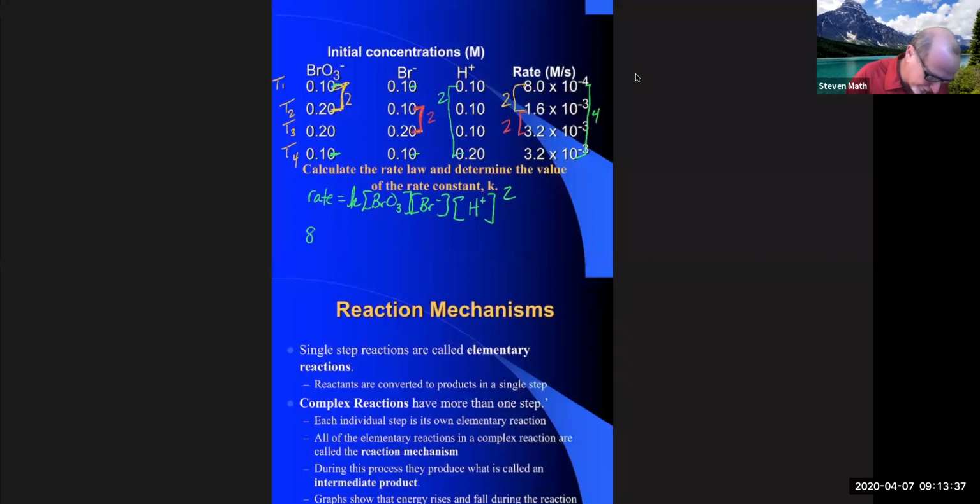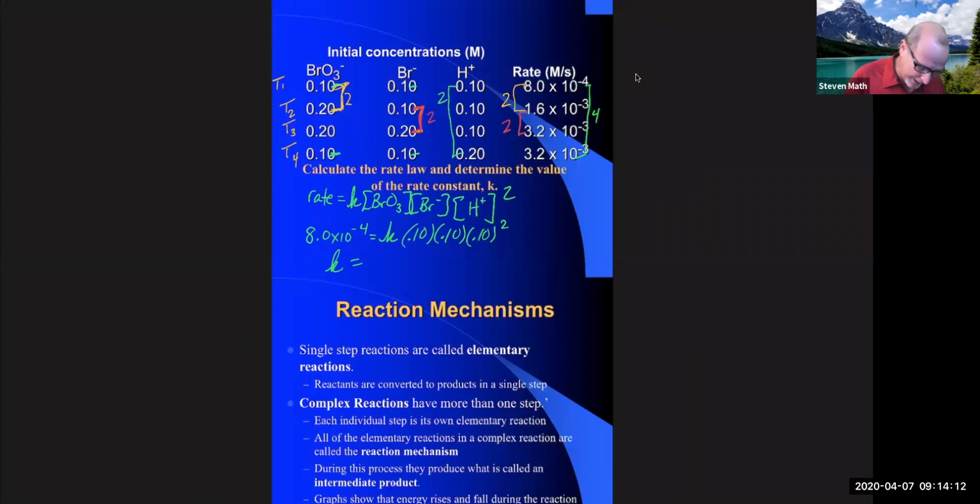And so the rate was 8.0 times 10 to the minus 4 equals k, 0.10, 0.10, 0.10 squared. Plug this into my calculator here and go 0.10 squared times 0.10 times 0.10 gives me a small number, and go 8e negative 4 divided by that.